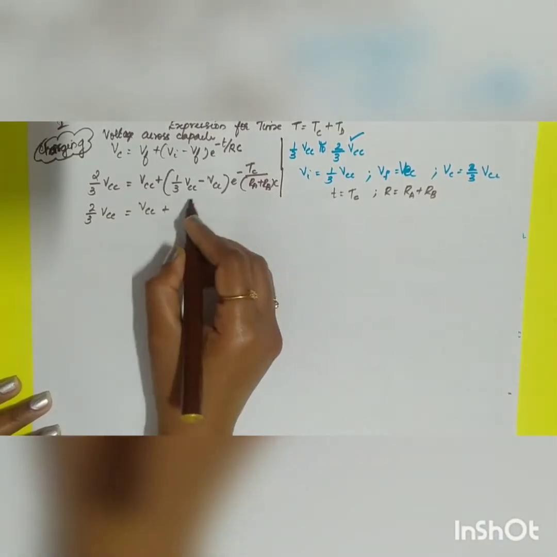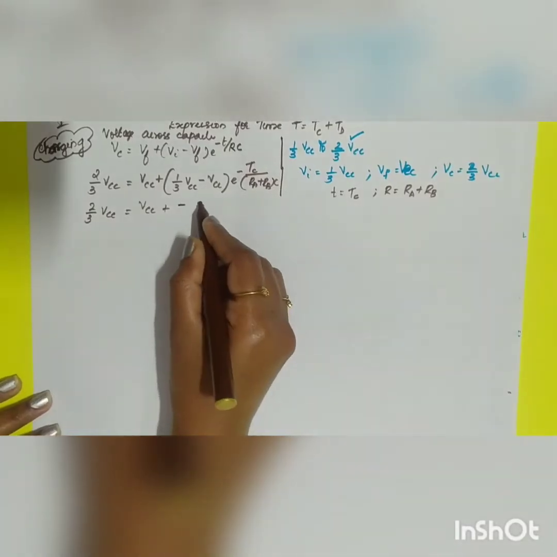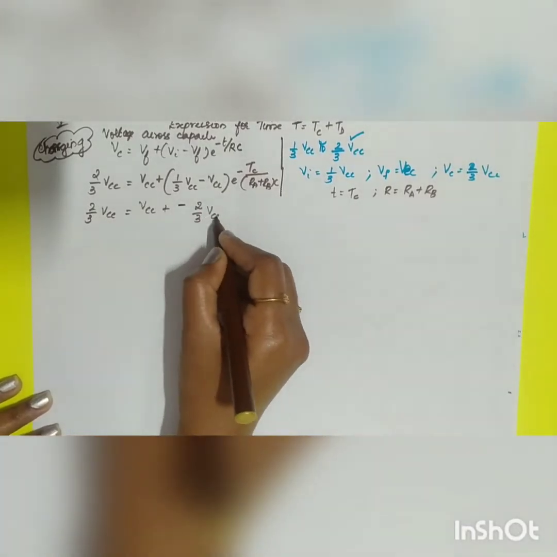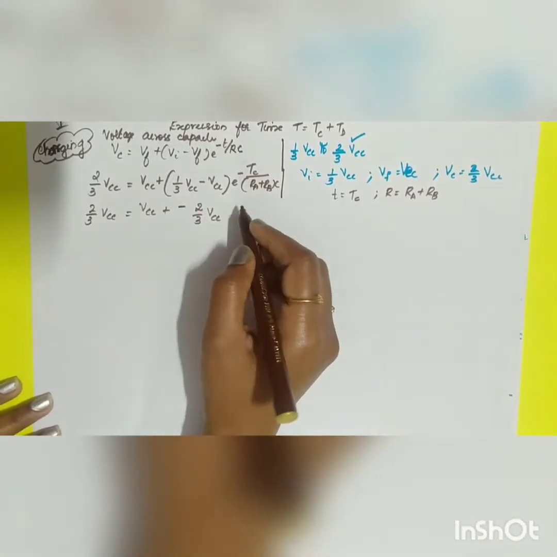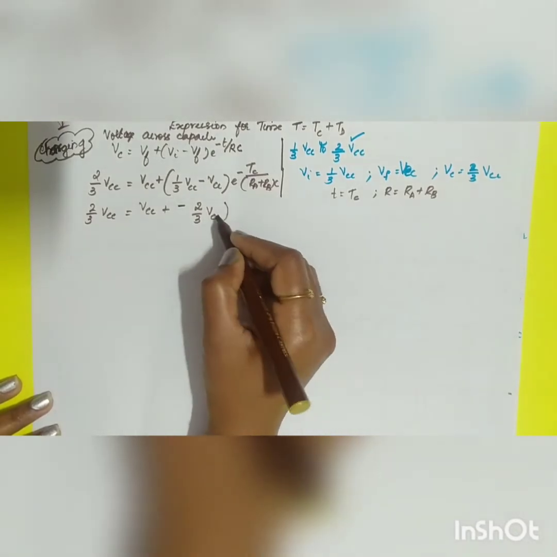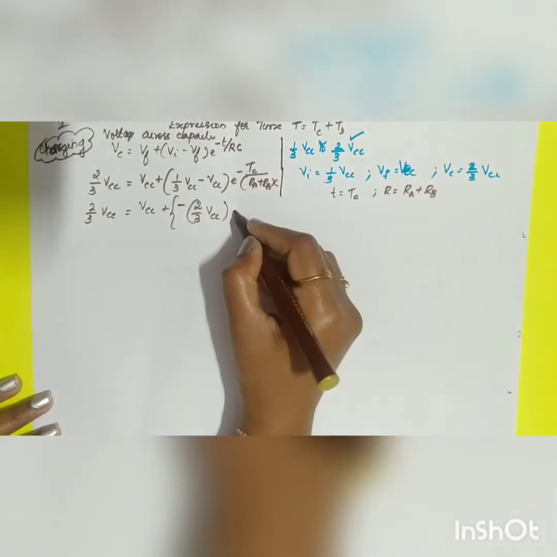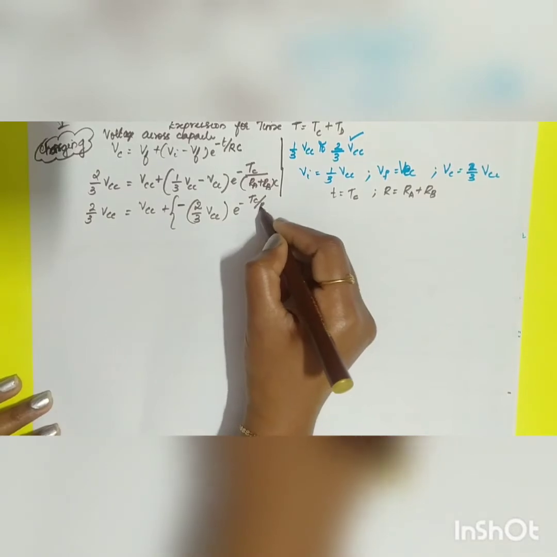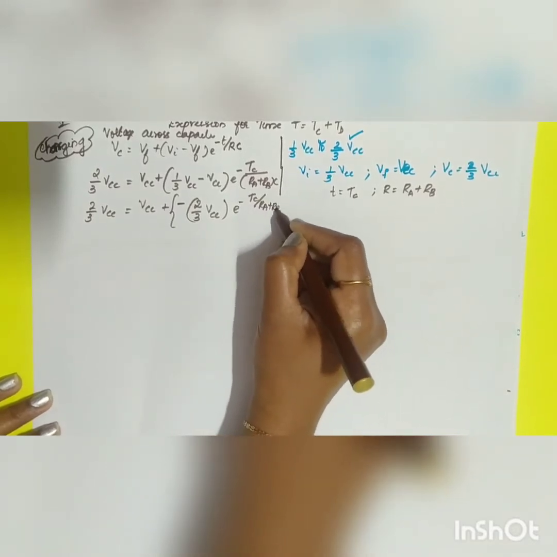So what will be your value? It will be minus 2 by 3 VCC into e power minus Tc divided by (Ra plus Rb) into C.